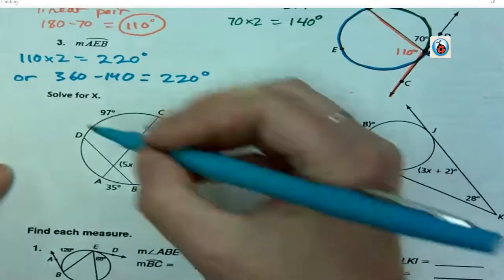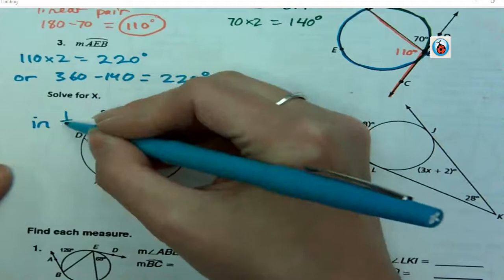Alright, so solve for x. We are in the circle. So that means 1/2 sum.